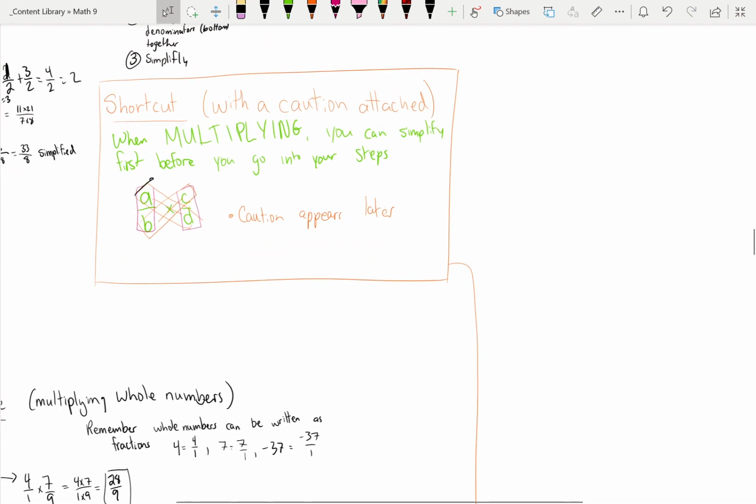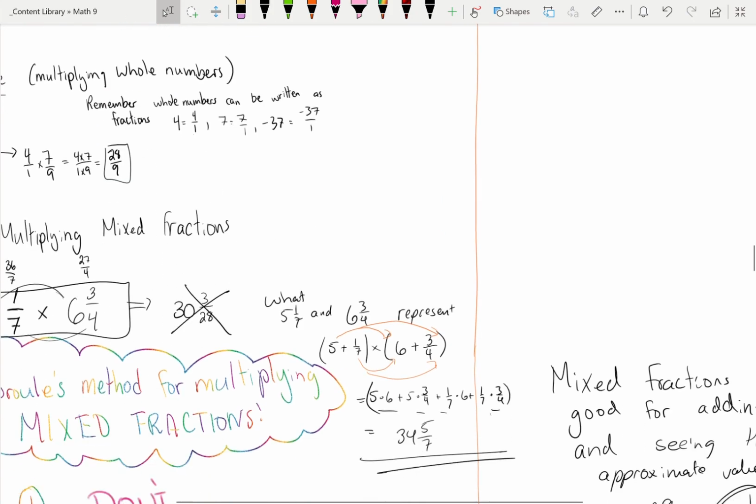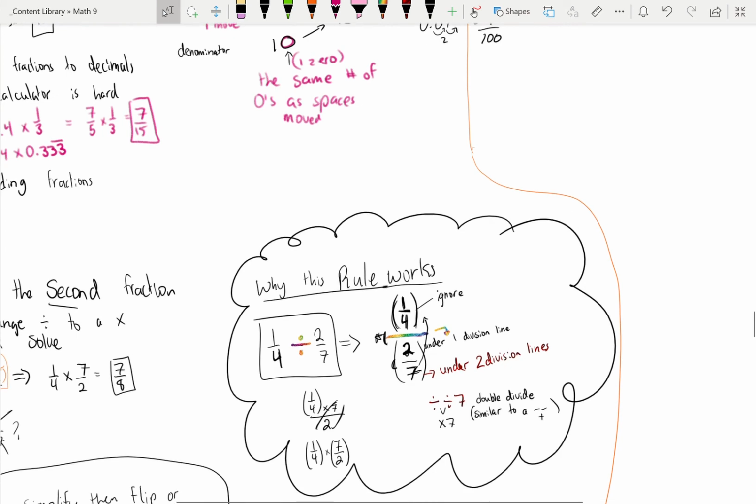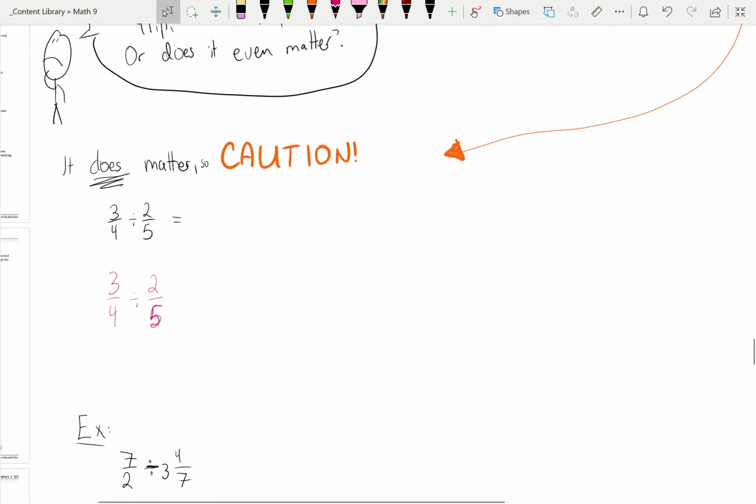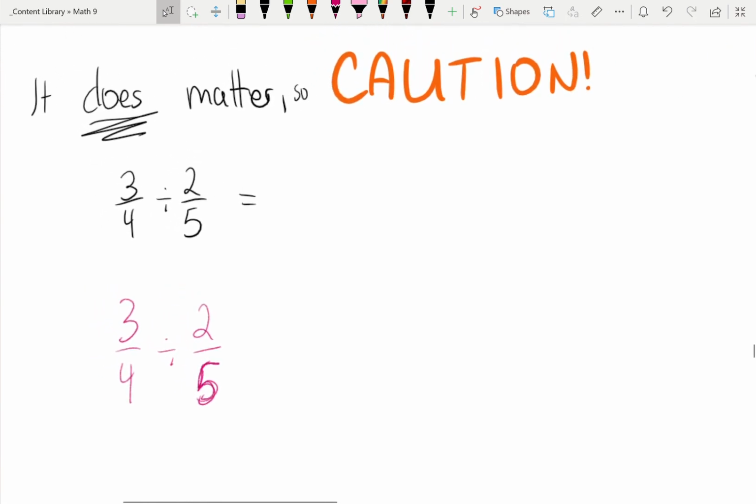So again, the point that I was trying to make is that this forms a times. I want to avoid doing it with division. So remember, 3/4 divided by 2/5, if I'm going to work through this example, really is asking me 3/4 times 5/2. Notice how when I flip, I can't simplify.